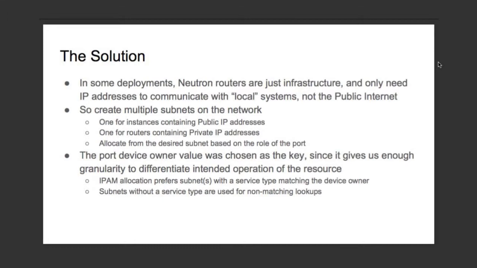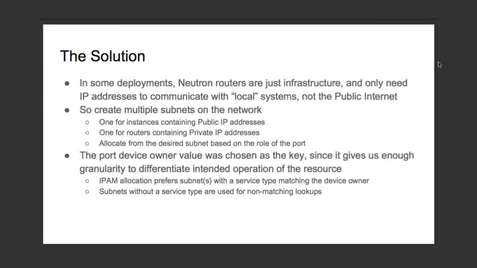So with service subnets, what you're now able to do is to create multiple subnets on your external network, each designed to have a specific purpose. So you can have a subnet containing publicly addressable IPs for your compute resources, and then you can have several other subnets, either for router gateways or for floating IP agent gateways and so on, that can consume private IPs and are not going to be using your valuable public IP resource.